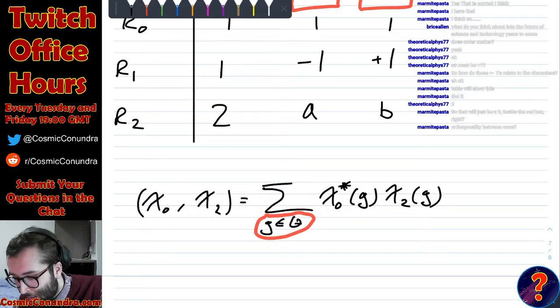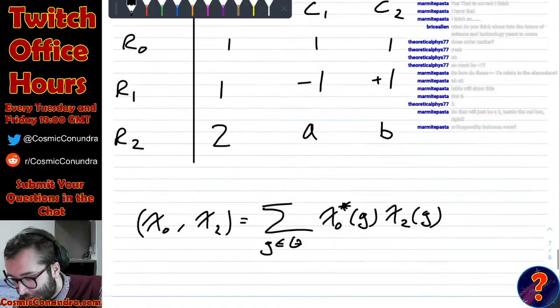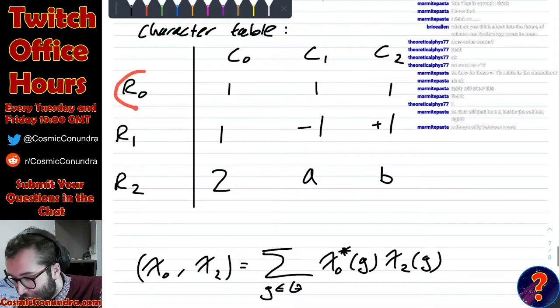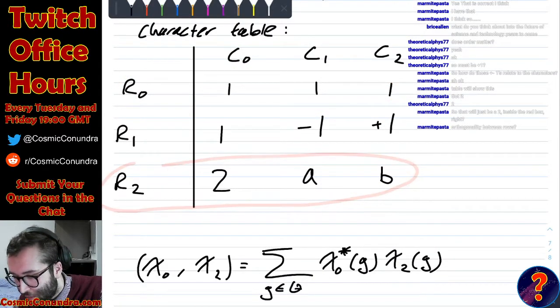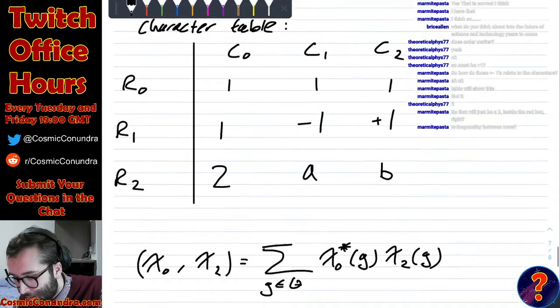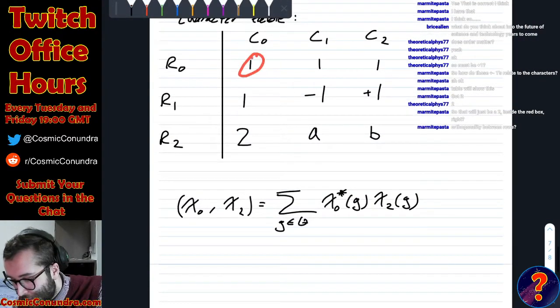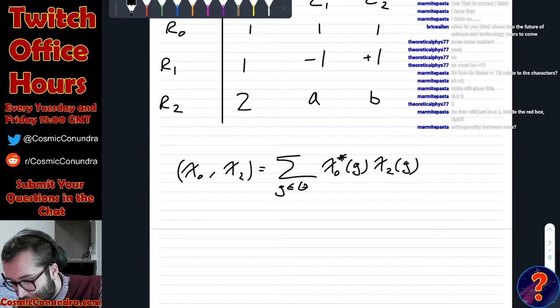Okay, so let's work out this inner product for the trivial representation and for the 2D representation. Okay, so for these first two elements, we just have a 1 times 2.